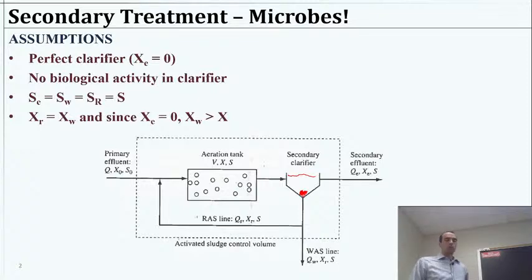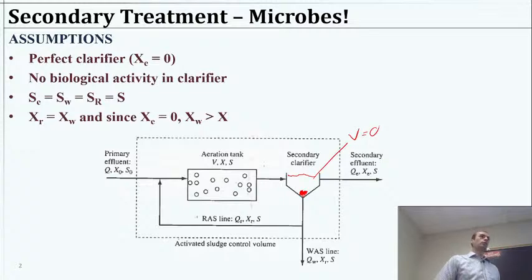We're also going to assume that there's no biological activity in the clarifier. That's because we're not bubbling it with air. If we were bubbling it with air, we'd have a hard time settling anything, right? It's going to be mixing it, it's going to be floating things, it's going to be bad news. So we can't use that volume, so it's as if the volume is 0.